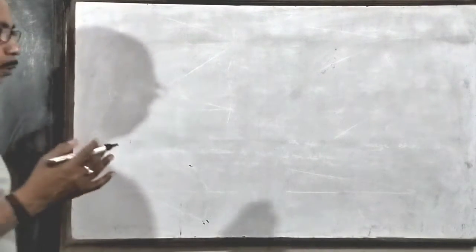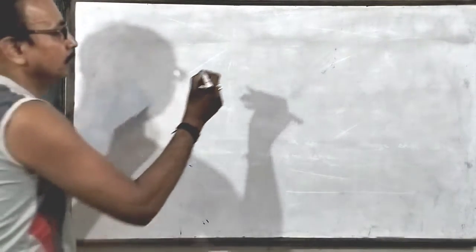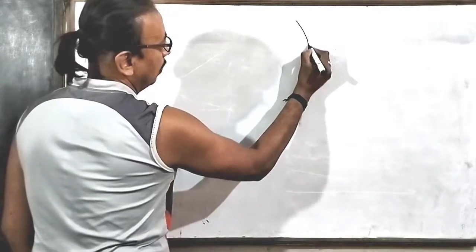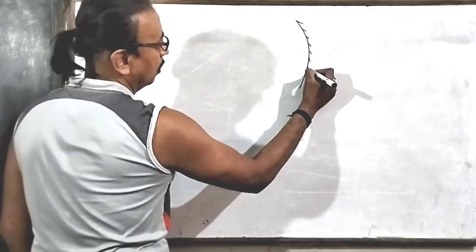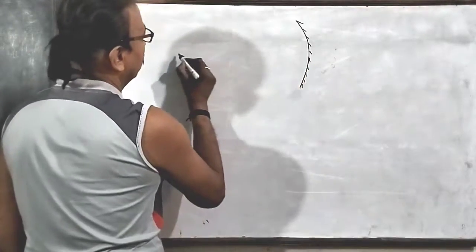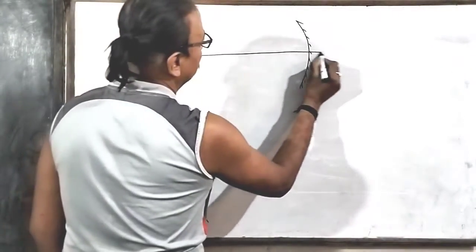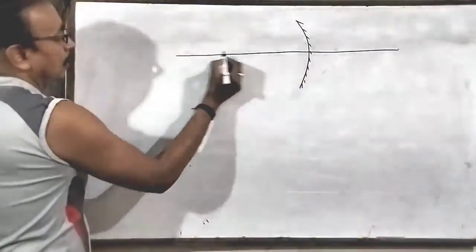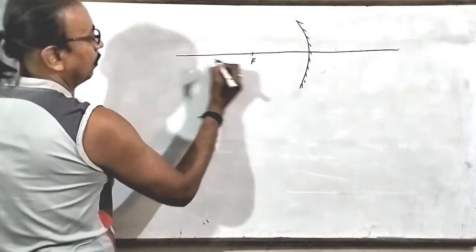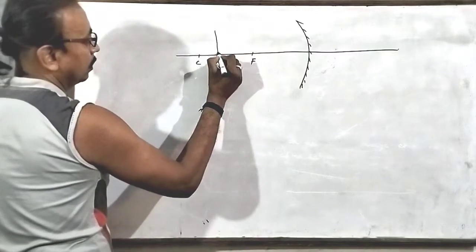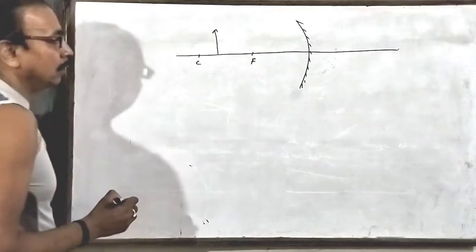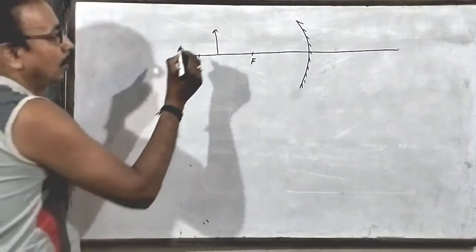Now we will use those important rays to make a ray diagram. For example, this is a concave mirror, and this is its principal axis. This is F, this is C. This is the object.